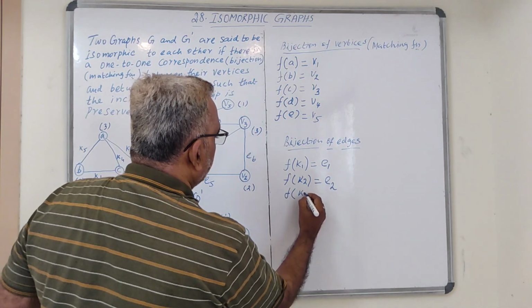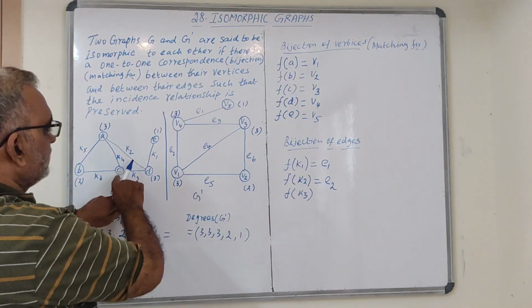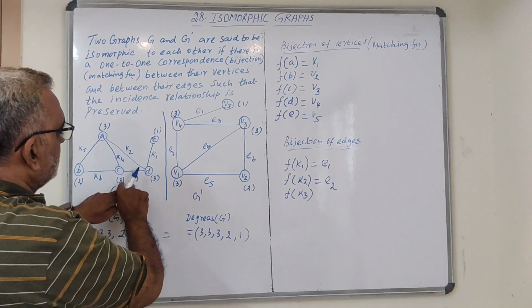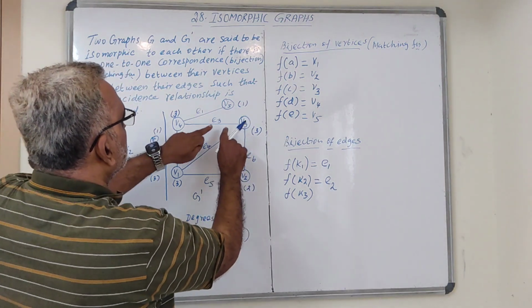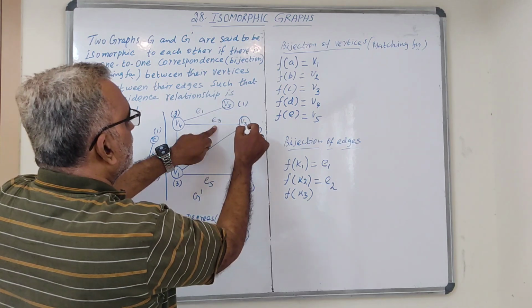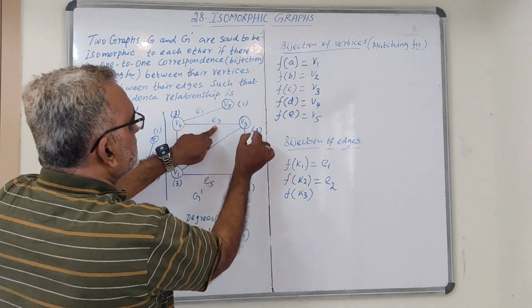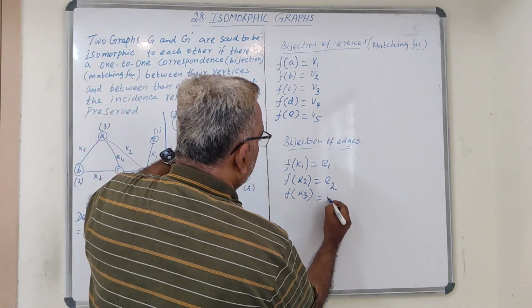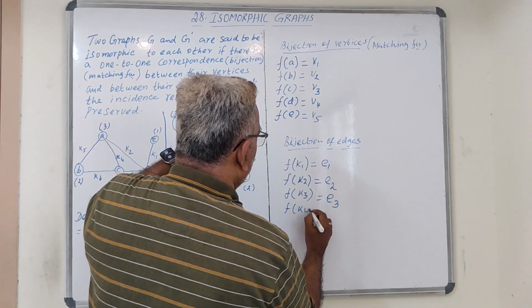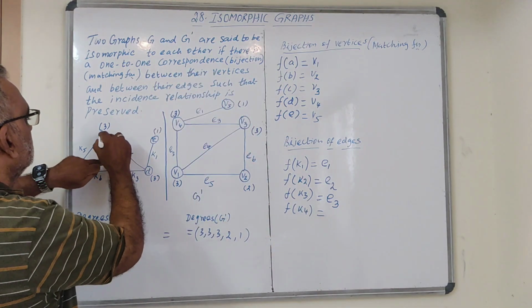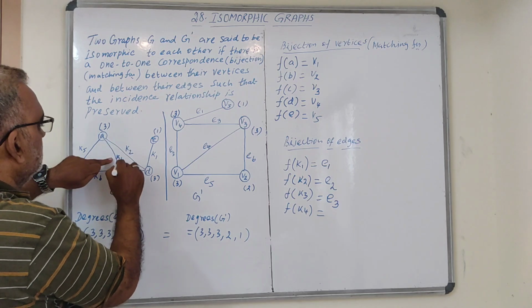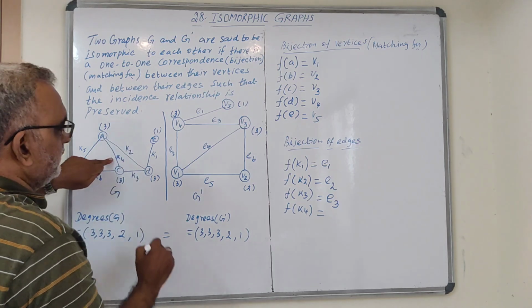Similarly, K3 is connected with C and D. Their degrees are 3, 3. So consider E3. It is connecting V4 and V3. The degrees are 3 and 3. So it is E3. Similarly, edge K4 is connecting the two vertices A and C. The degrees are 3 and 3.